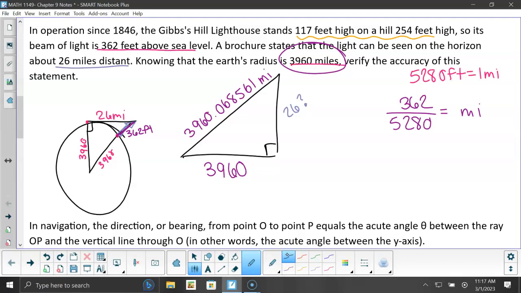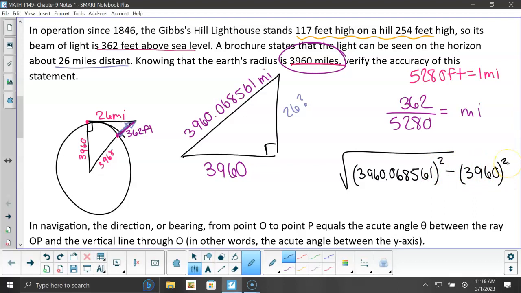So if it's me, I'm going to do square root of 3960.0685661 squared minus... I just did Pythagorean theorem, but I did it all in one.